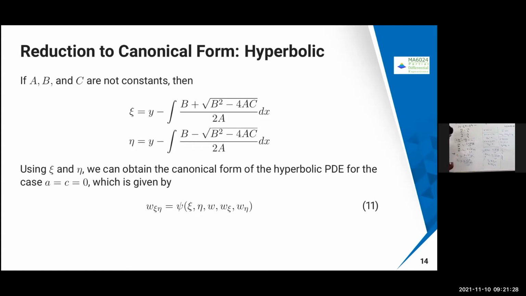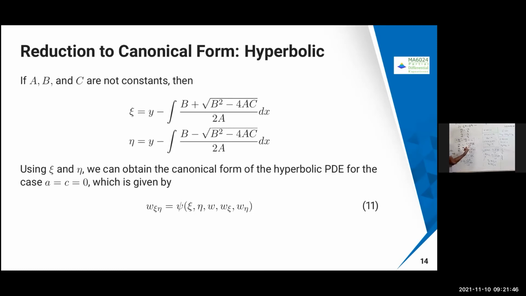Suppose a, b and c are not constant. Here a, b, c are constants. If a, b, c are not constants, in that case you are going to get chi equal to, just integrate that. Here, constant means you don't need to worry about the integration.